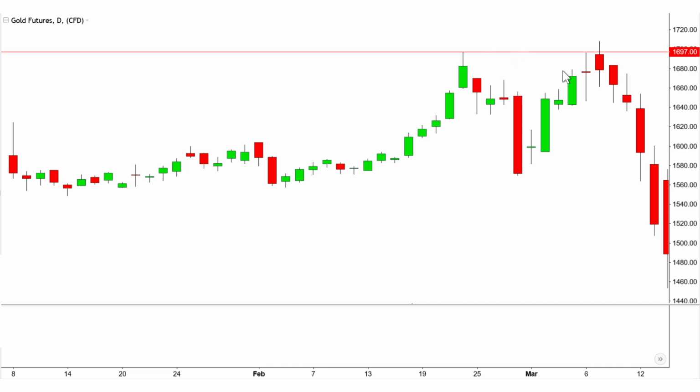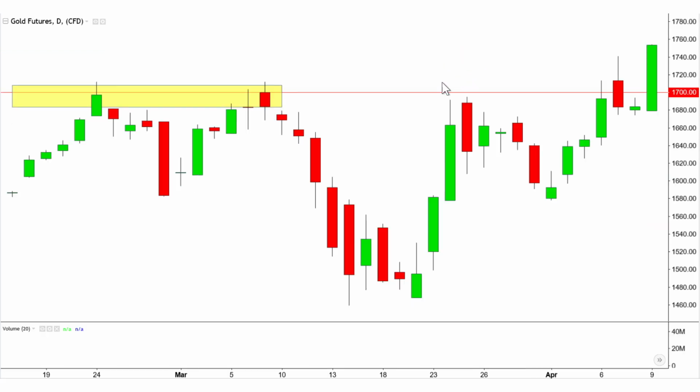So on this chart of gold futures, the 1697 level from the absolute high of this downswing point can be rounded off to about 1700, and this will be the center of a range that can define a potential resistance to another uptrend.